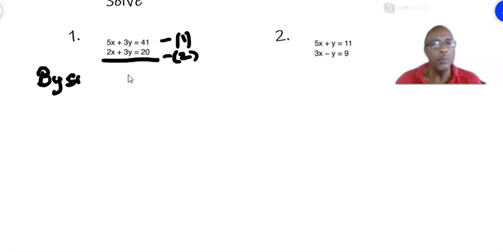We can just put SUB for short, but SUB means subtraction. Subtract the x's. 5x minus 2x is 3x. So the x's become 3x. 3y minus 3y is nothing, so the y's cancel out. And 41 minus 20 is 21.